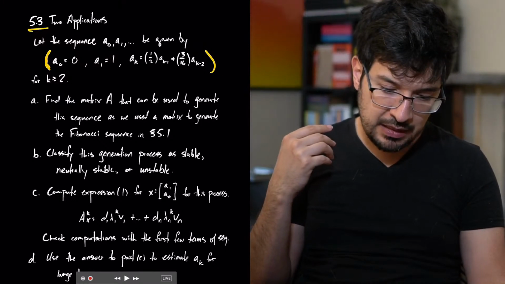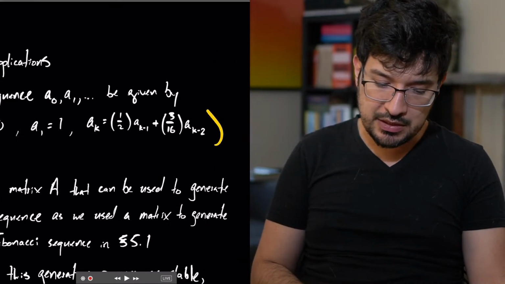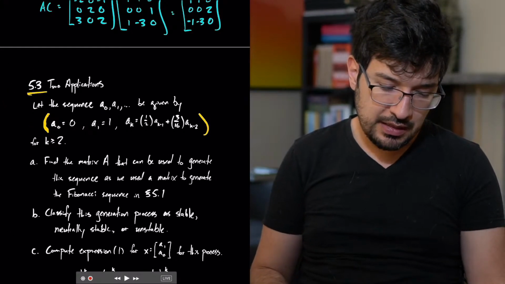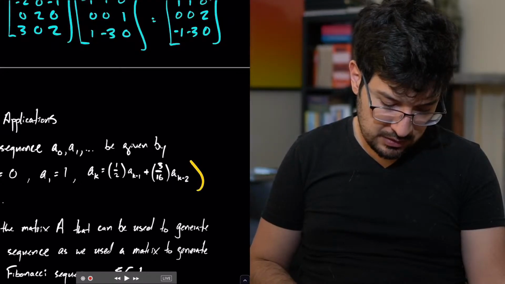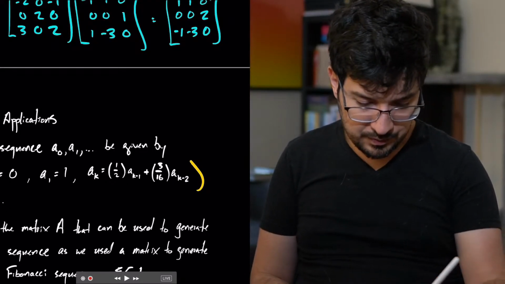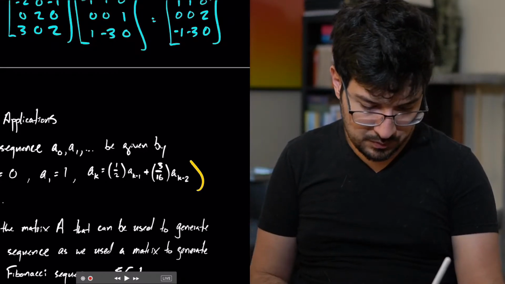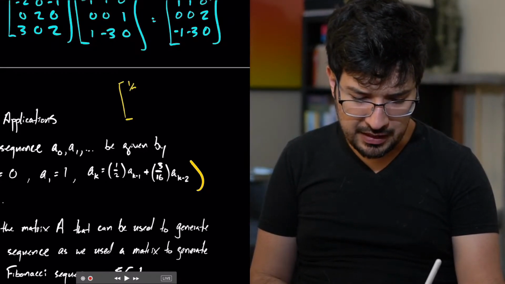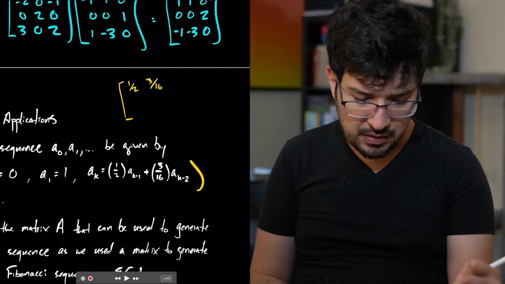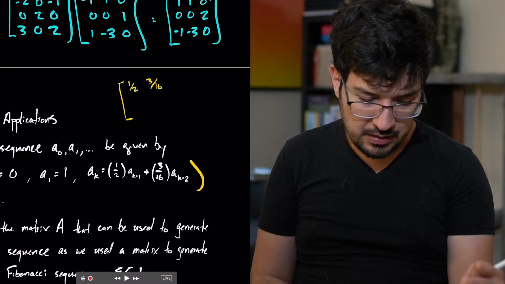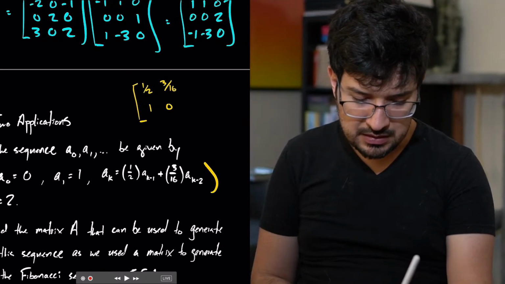I am finding a matrix that represents this recurrence relation. And I think I know what it is, but I'm pretty sure it's going to be 1/2 and 3/16 and then 1 0, like this.